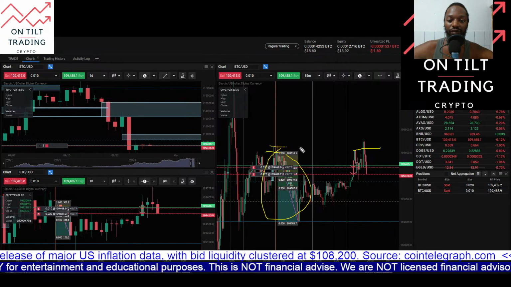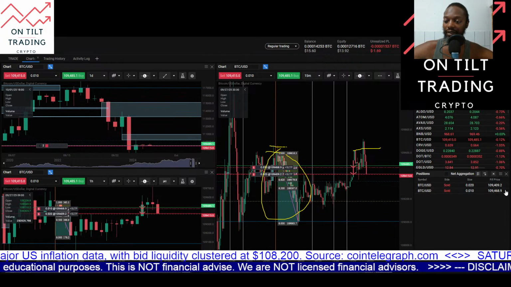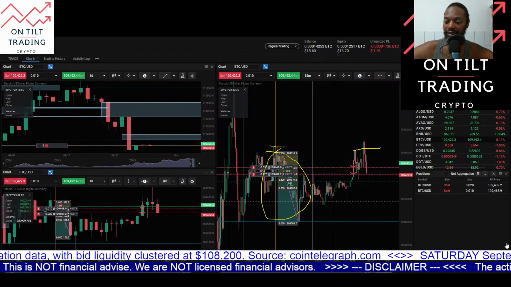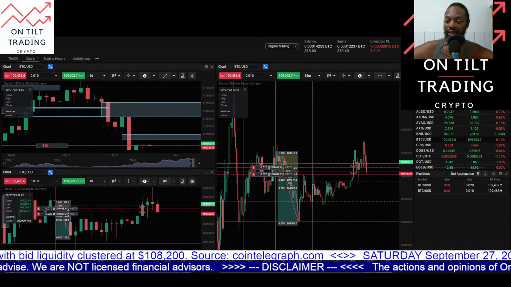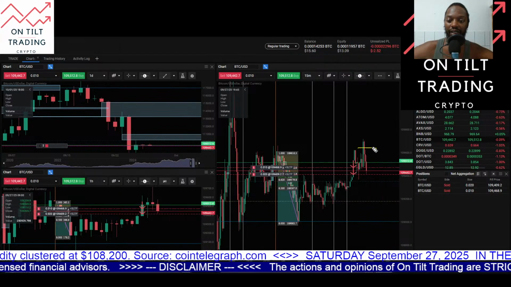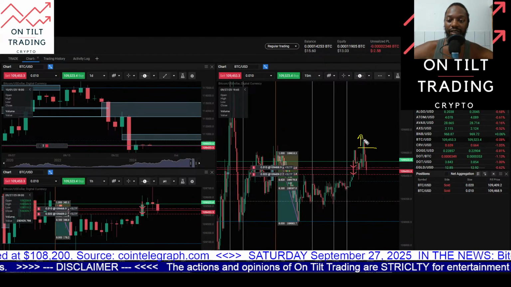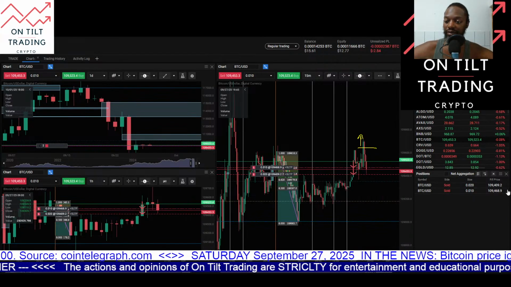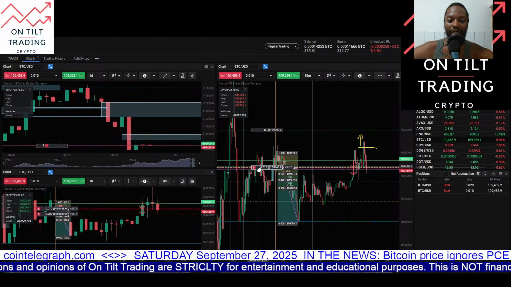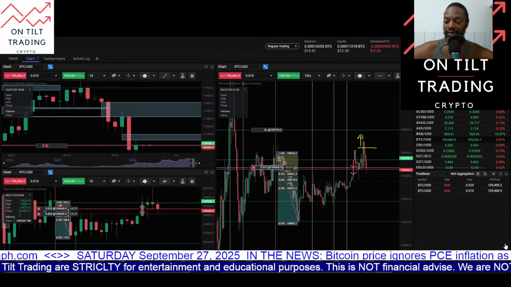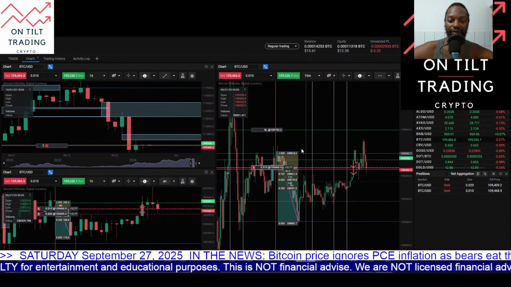You can see price went above that, but there is a $70.10 spread on Bitcoin. So this area here above covers the spread. And you can see if I put my stop loss up, that the spread is covered here.